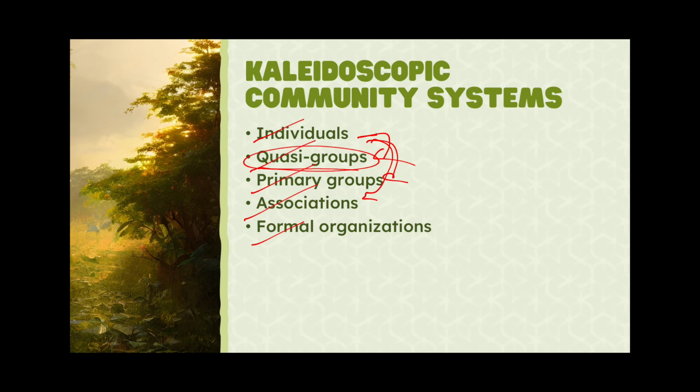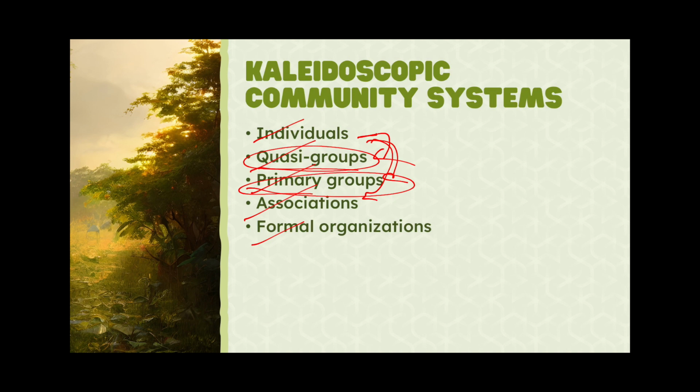But eventually, these groups that are bound together by interest can become primary groups. They become more permanent. So what are primary groups? Primary groups are the social groups that are really more permanent or less contingent than quasi groups.